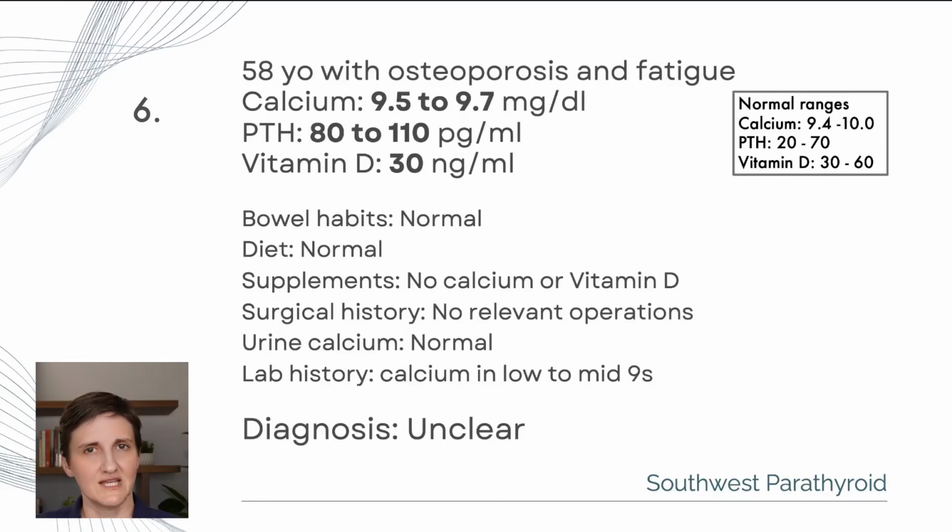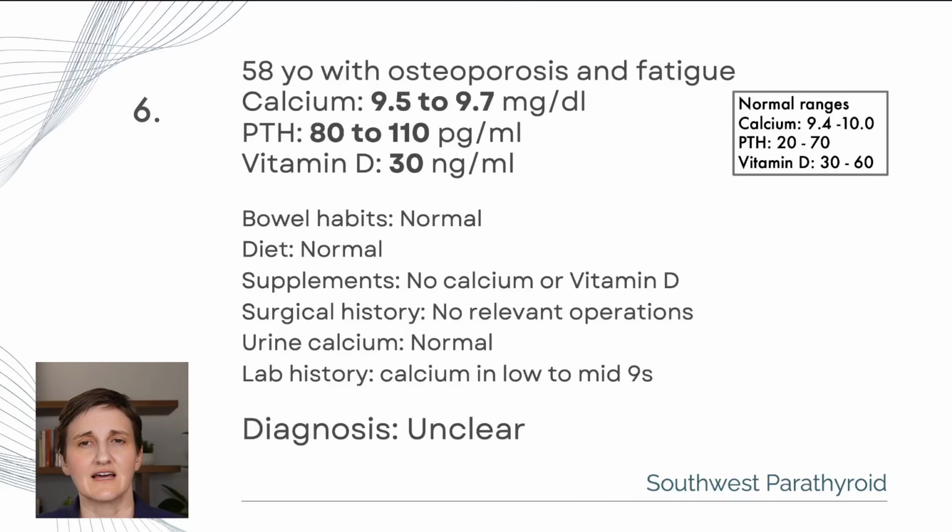So I would give them calcium supplements and vitamin D and see what happens. In most cases where the labs are truly borderline, they will respond, and the PTH will drop, usually fairly quickly.